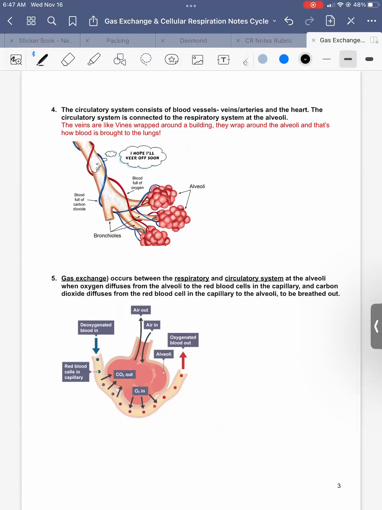So connected to the alveoli is the circulatory system, right? The circulatory system consists of blood vessels, aka the veins and the arteries, and the heart. And the circulatory system is connected to the respiratory system at the alveoli. So they're not the same system, but they're very closely connected, right?